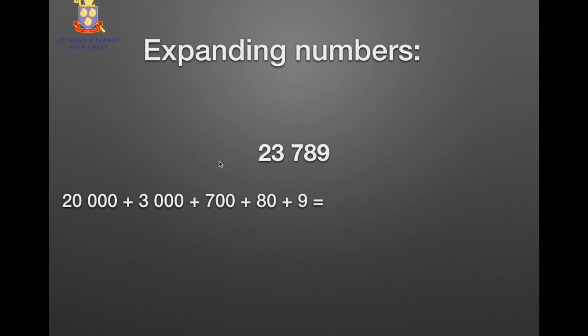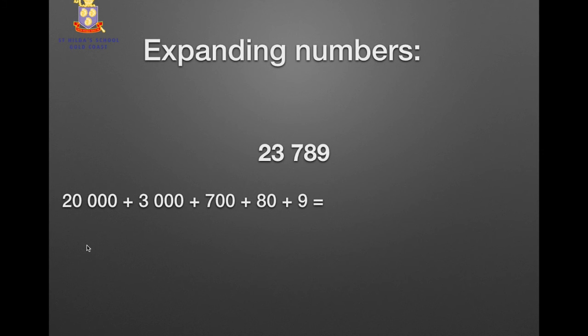So this 2 is actually worth 20,000, plus the 3, which is worth 3,000, the 7, which is worth 700, the 8, worth 80, and the 9 worth 9 ones. So it becomes 20,000 plus 3,000 plus 700 plus 80 plus 9. Just a little reminder to remember to put the gaps in here when you're writing these numbers.